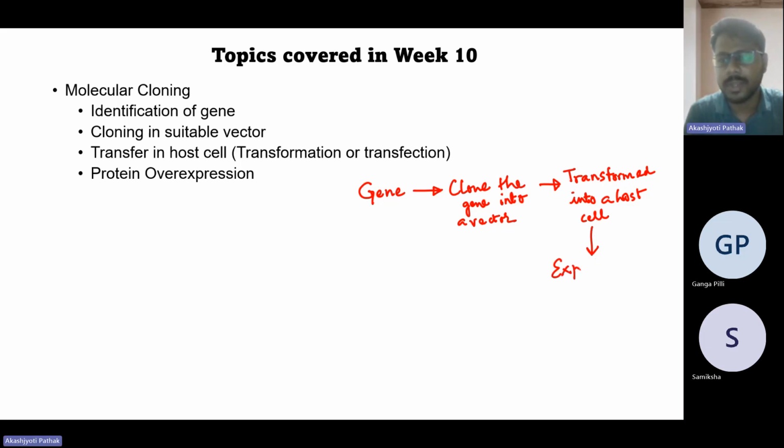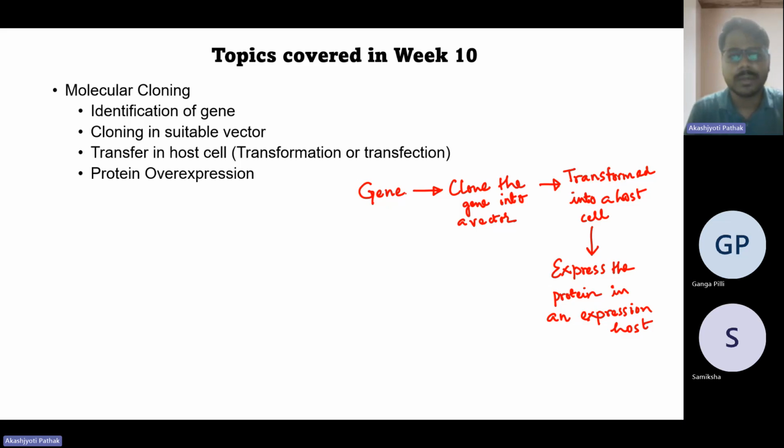You express the protein in an expression host. So this is the overall summary of what is done in cloning.